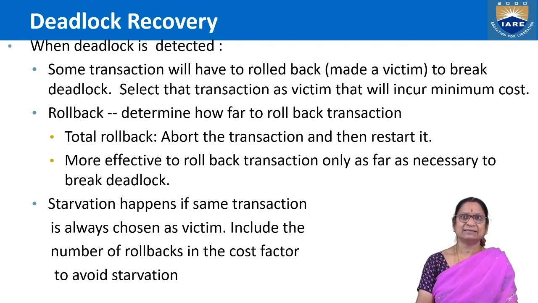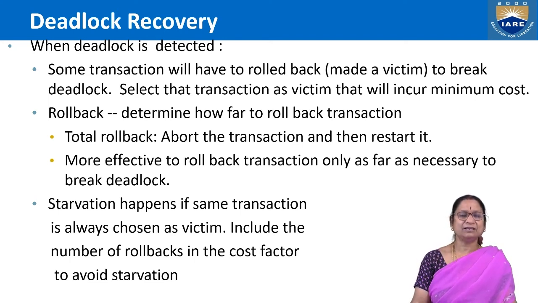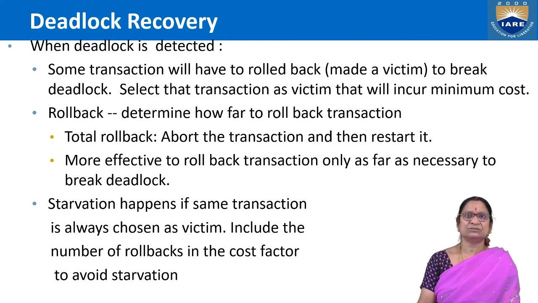When the deadlock is detected, it has to be recovered. How to recover? One of the transactions should be forcibly rolled back, and then the deadlock situation is going to be broken. So some transactions we have to make a victim to break the deadlock.